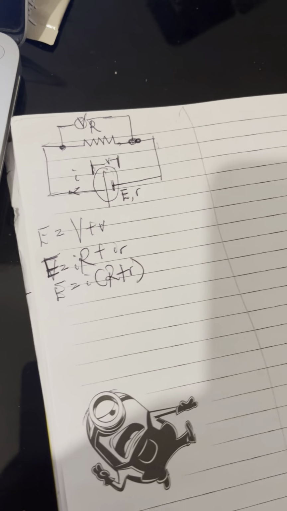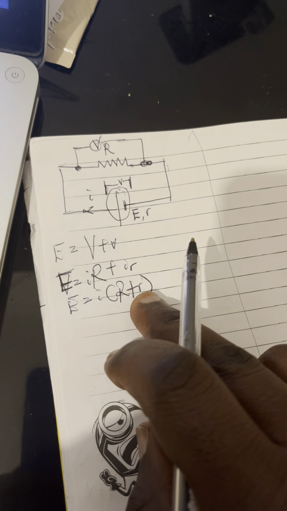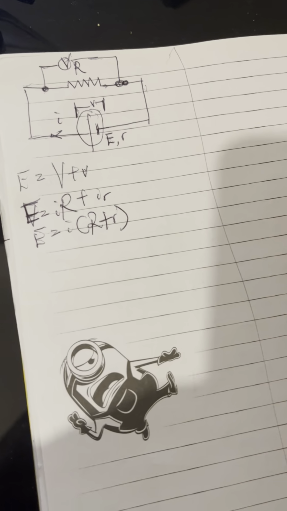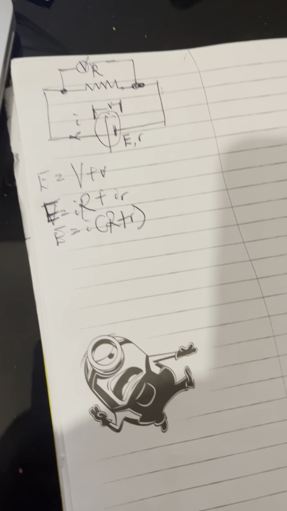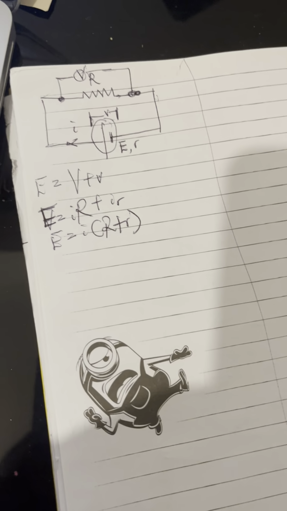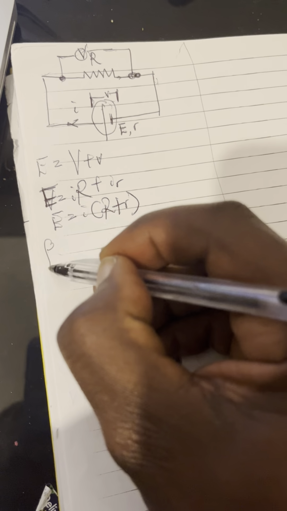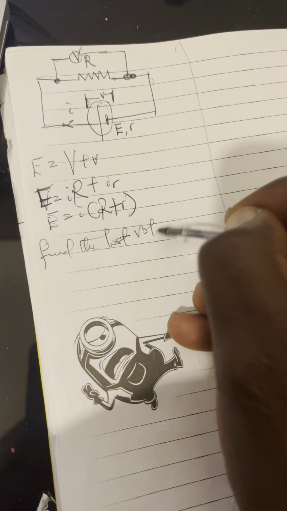Hope you're seeing it now. That is the formula for finding the EMF. Another thing you have to know is, when you are being asked to find the lost voltage, you don't need to struggle.